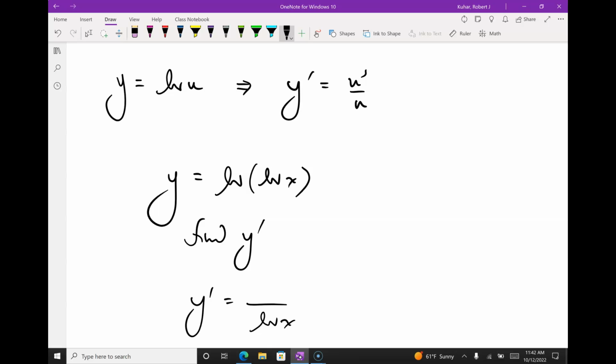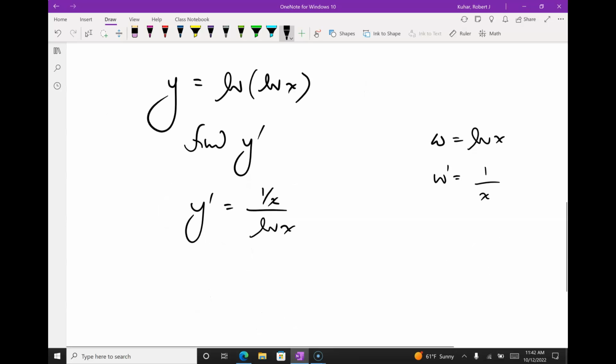What's the derivative of the inside? One over x. Right, so if my inside, I'll call it w, is ln of x, w prime is the derivative of ln x, 1 over x, and the inside is ln x. So here it is, 1 over x divided by ln of x, or y prime is 1 over x ln of x.